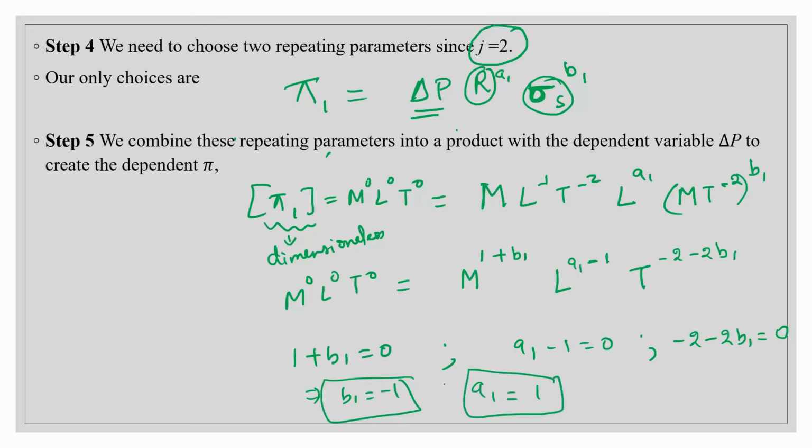Again, you have to put the values in this equation. You can call it equation number b, and if you put the values of b1 and a1 in equation b, you will get pi 1 is equal to delta p into r divided by sigma s.